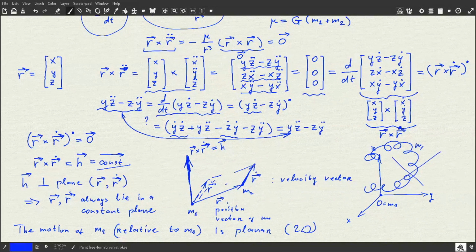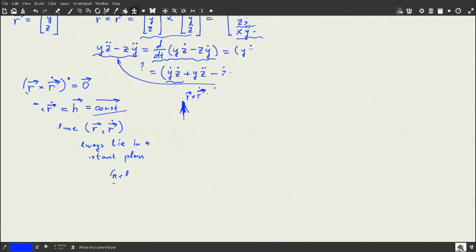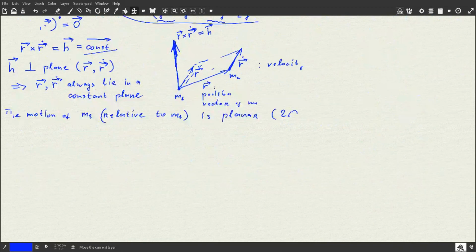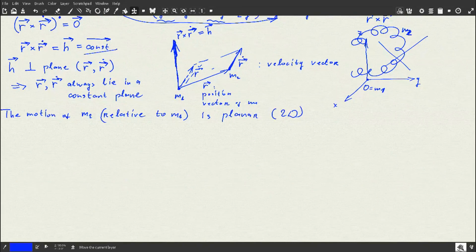No, it's not this. Sorry, M2. The center is the other way around. The center is M1 and the motion of M2, obviously. No, it is not like that. The motion of M2 occurs in some fixed constant plane relative to M1.